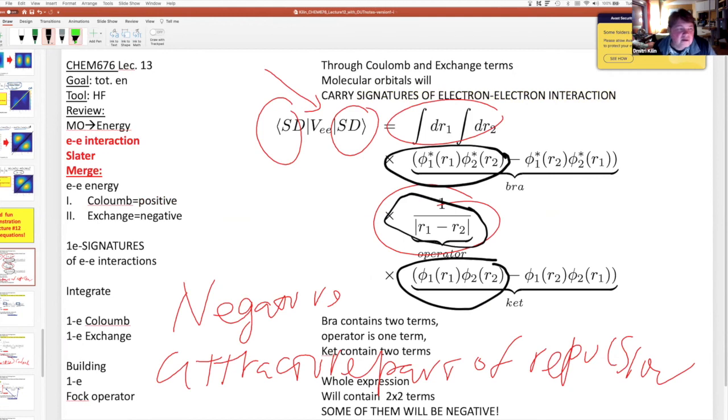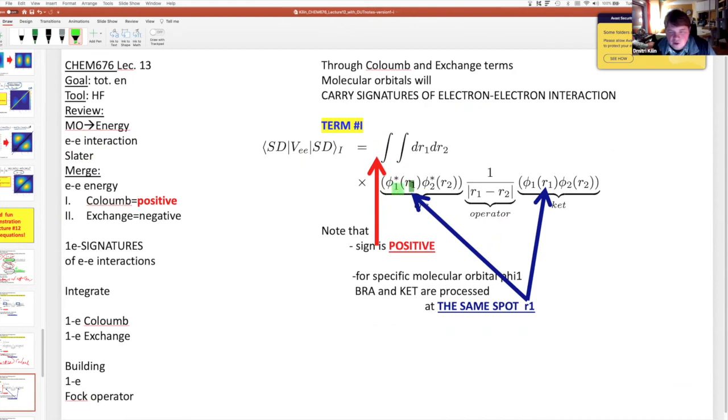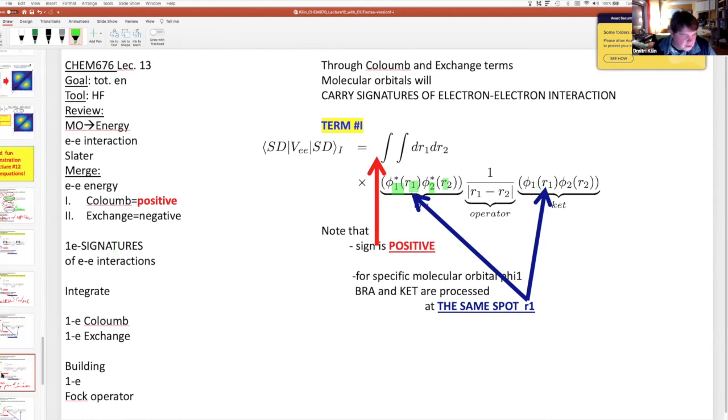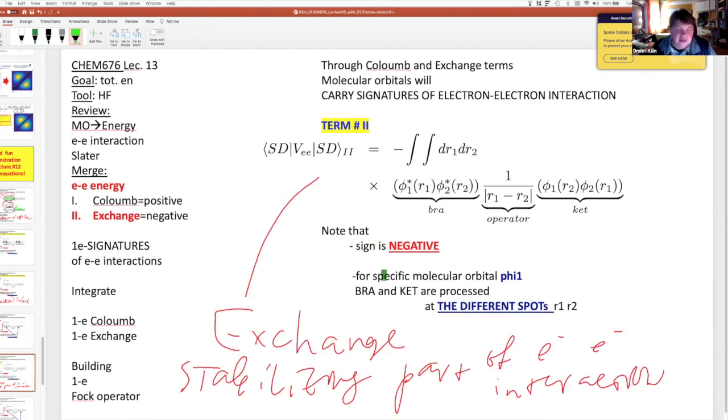Now let's take the cross term. If I take this and this, the cross term, it will gain a minus sign from the antisymmetry. So here we have 1, 1, 2, 2, and here we have 1, 1, and 2, 2. We flip the order.